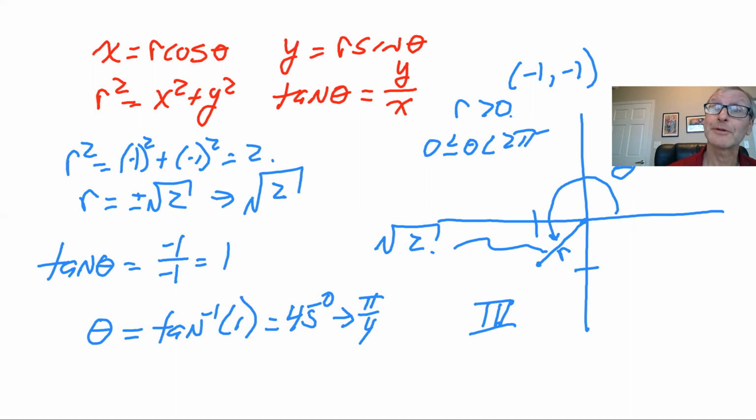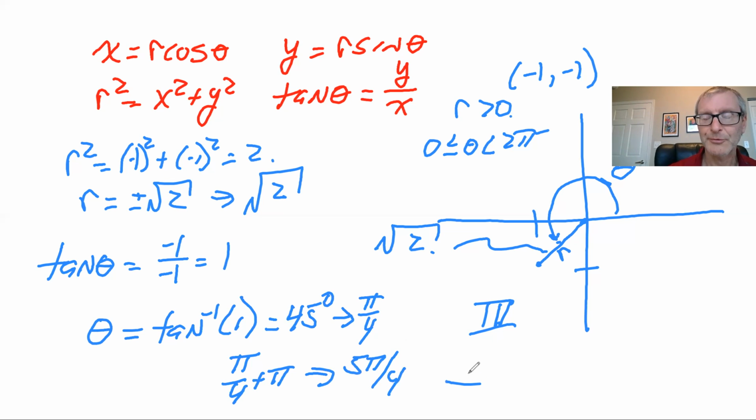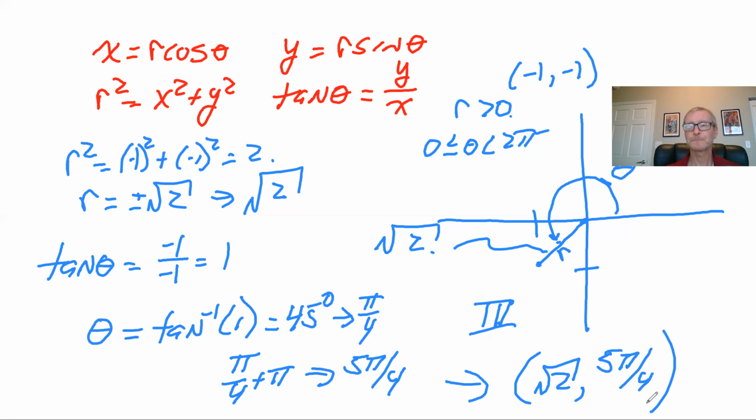So how do we convert it to the third? We add 180 degrees to it, or add pi. So to move it to where we need it in the third quadrant, it would be pi over 4 plus pi, which gives us 5 pi over 4. So in the polar coordinate system, this is square root of 2, 5 pi over 4.